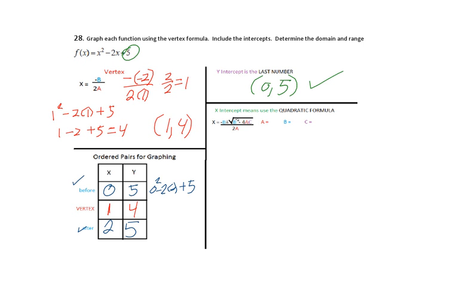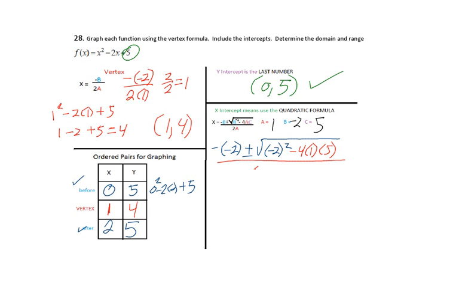Now for the quadratic formula. So a is 1, b is negative 2, c is 5. So you're going to get minus negative 2 plus or minus the square root of negative 2 squared minus 4 times 1 times 5, all over 2 times 1.